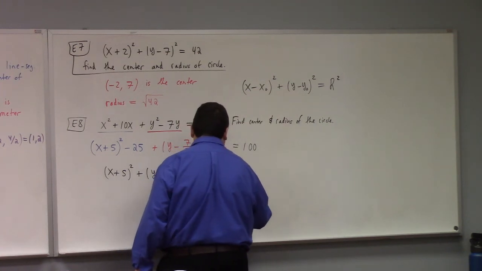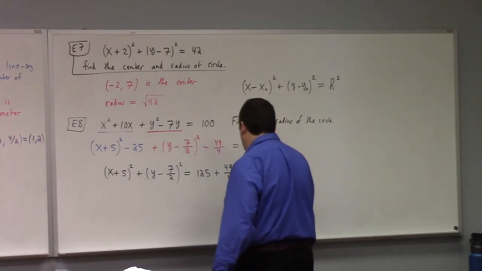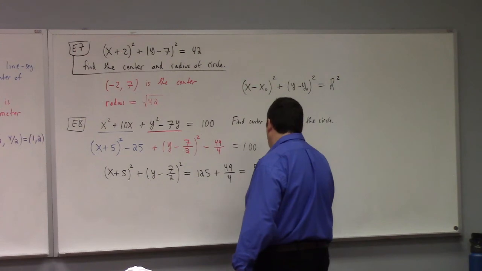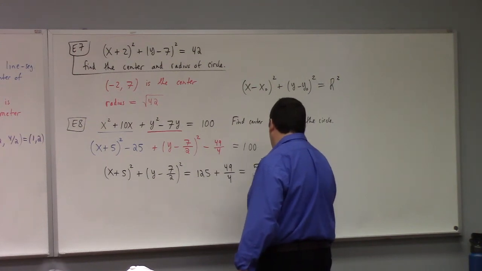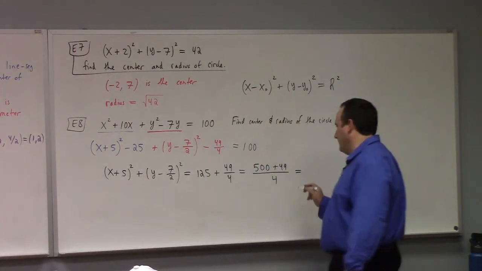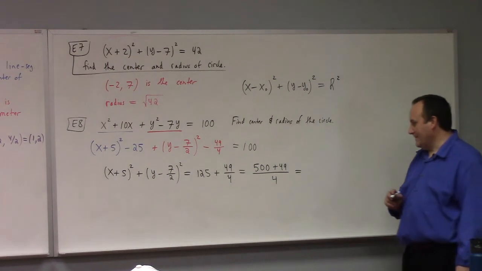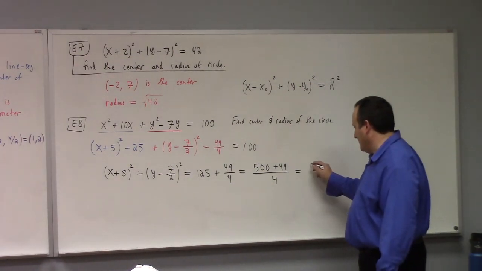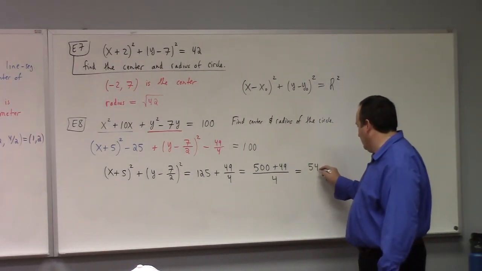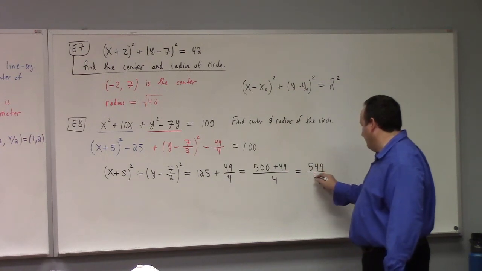Also known as 500 plus 49 over 4. Let's see, 549 over 4.